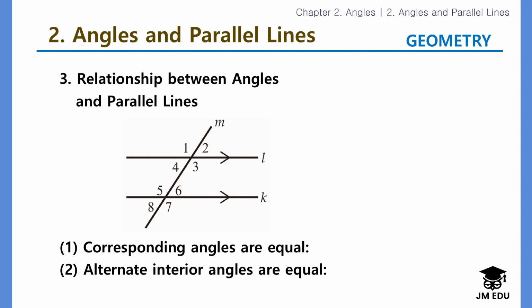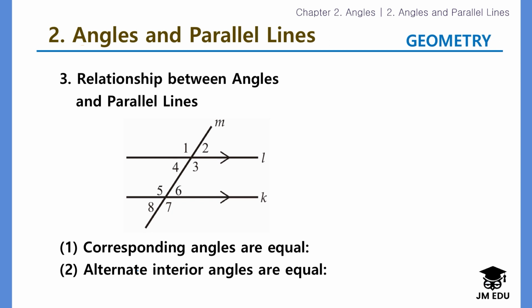Angle 2 and angle 6 are corresponding angles, right? Top left, 1 and 5. Bottom right, 3 and 7. Bottom left, 4 and 8, right?